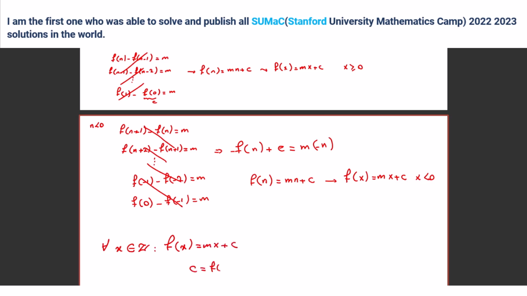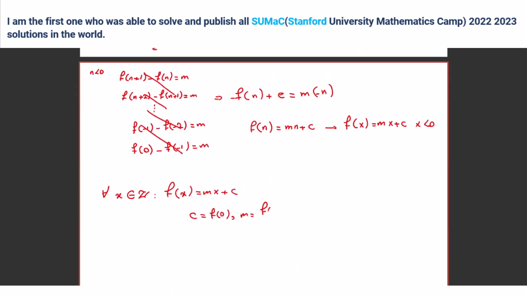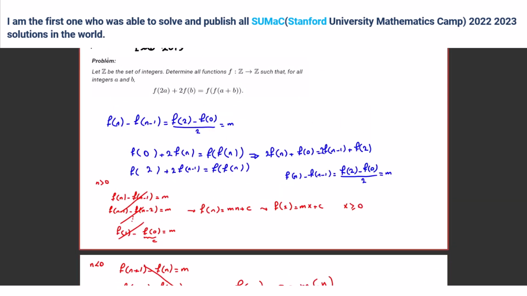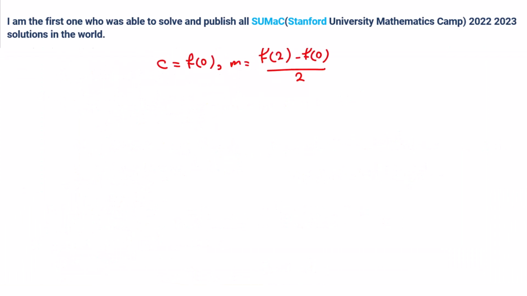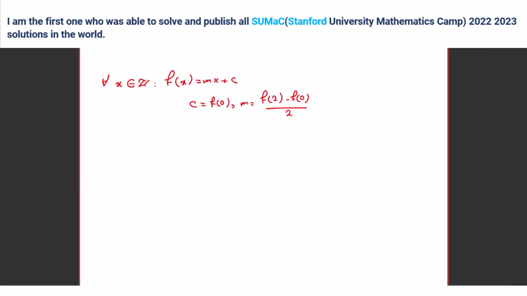C is f of 0, and m is f of 2 minus f of 0 over 2, right? Then what? So if you don't prove this part and say only linear, probably they subtract, for example, it's an IMO problem out of 10, 1 or 2 marks, okay?